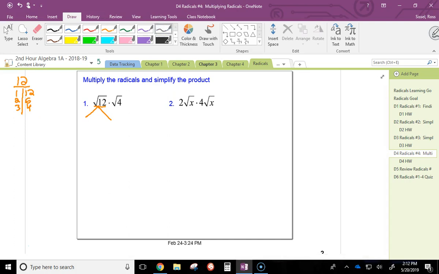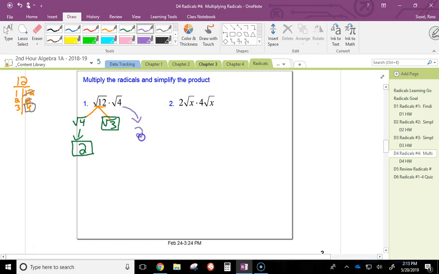We looked for perfect squares. 4. So I would say the square root of 4 times the square root of 3. Square root of 4 times square root of 3 is the square root of 12. And the square root of 4 is 2. Okay? Square root of 3 is simplified. Square root of 2 is simplified. But now we also have the square root of 4. Square root of 4 is 2.